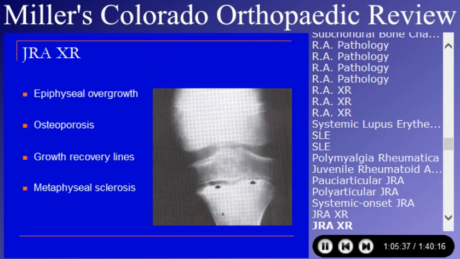The other X-ray presentation, again with periarticular osteoporosis common in both the adult and children's forms, sometimes shows a growth recovery line and metaphyseal sclerosis, with what often looks like some widening of the epiphysis seen in children with JRA.